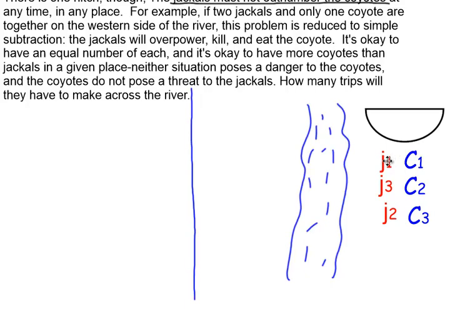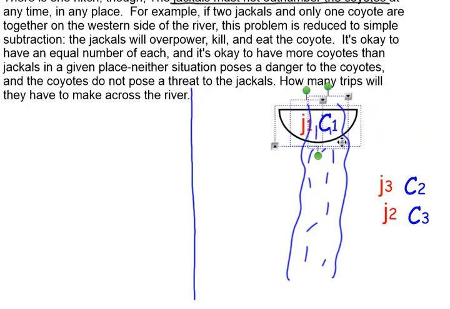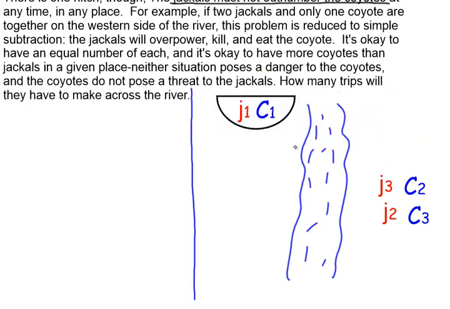So what am I going to do first? Well, I'm actually going to just decide to put a jackal and a coyote together, and I know that I can have at most 2 in a boat, so I am going to cross there, and let's say I let the coyote off. Okay, so I'm going to represent that in my write-up.